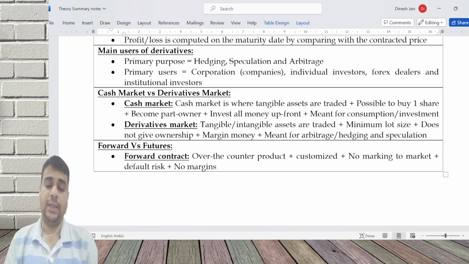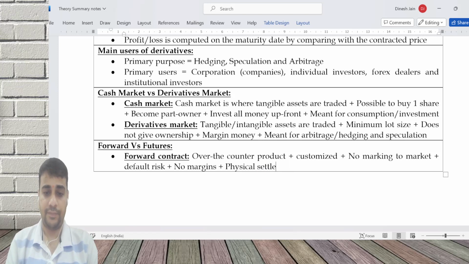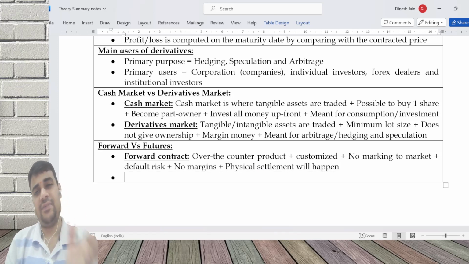Margins are not needed, and there is a default risk, because there's no concept of margin. Mostly physical settlement will happen. All these points we have already seen when we were doing the problem solving also.